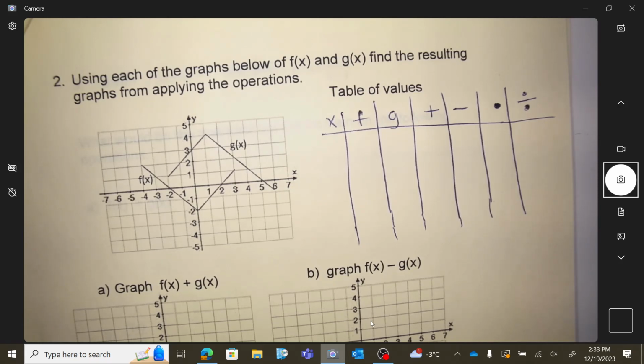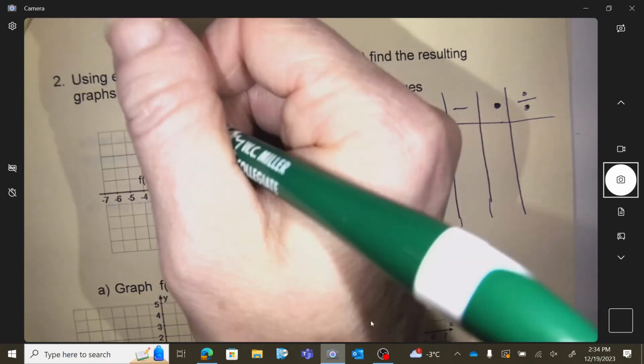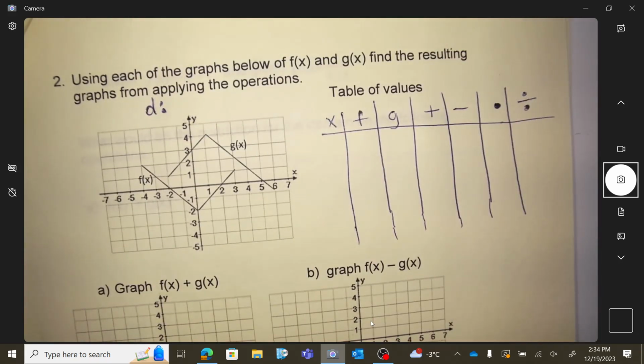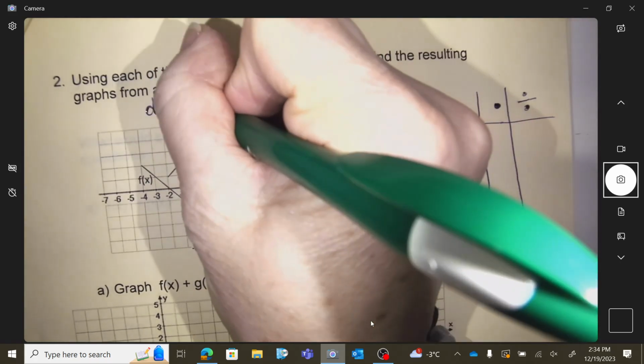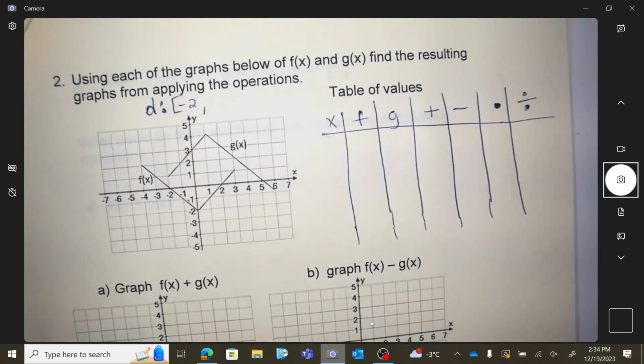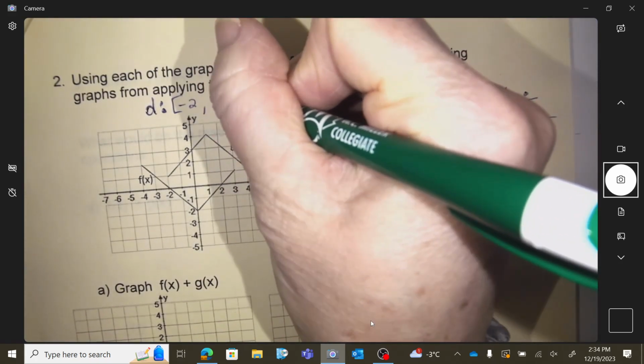Okay, so let's talk about our domain. Where do these both exist? Where do they both exist? What's the most left we would go that they both exist? -2. And then the farthest I can go with them both is 3.